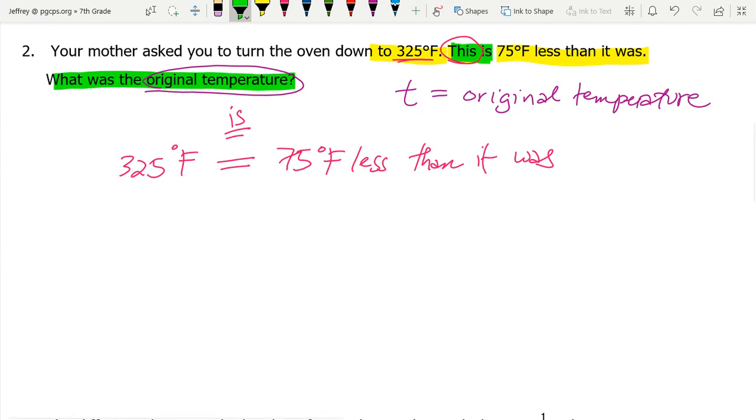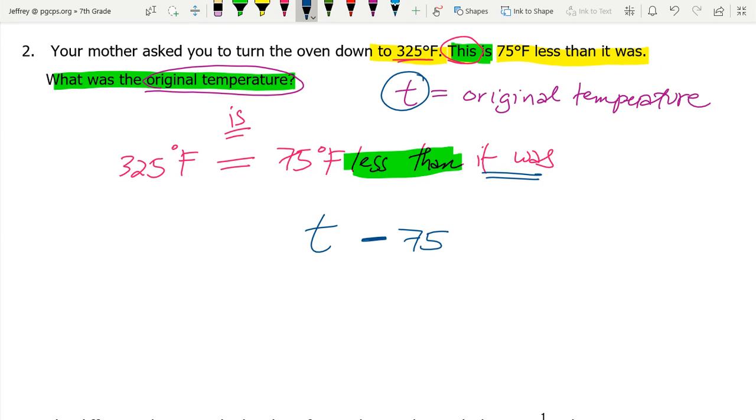Now, mind you, when you say less than, you're subtracting. You're subtracting 75 degrees from what it was, and that represents our original temperature, which is letter T. So 75 degrees Fahrenheit is subtracted from T, and the result is it turned down to 325 degrees Fahrenheit.